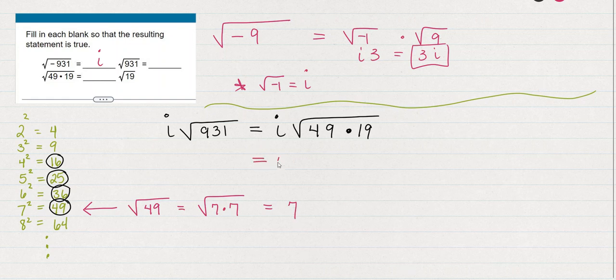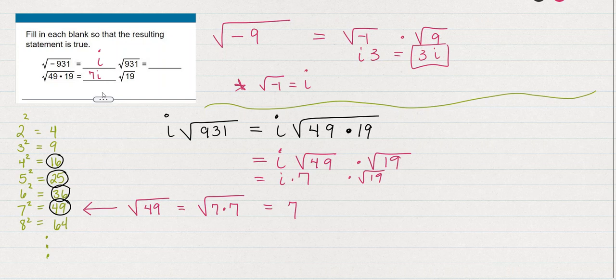So now I can take out a 7. So a better way of writing that would be 7i, right? Times the square root of 19. So we end up with 7i times the square root of 19.